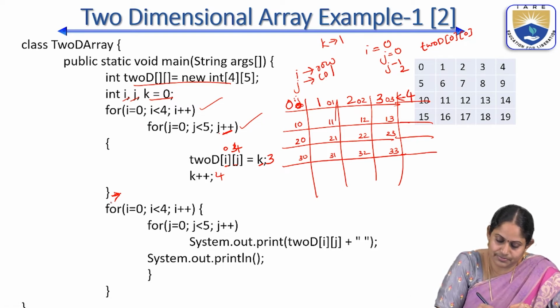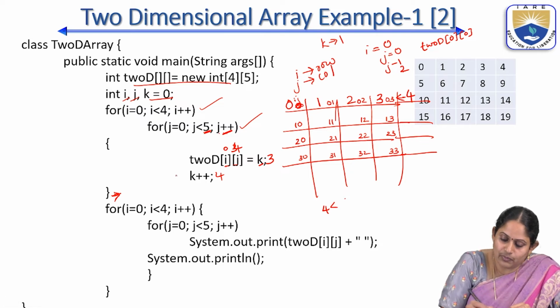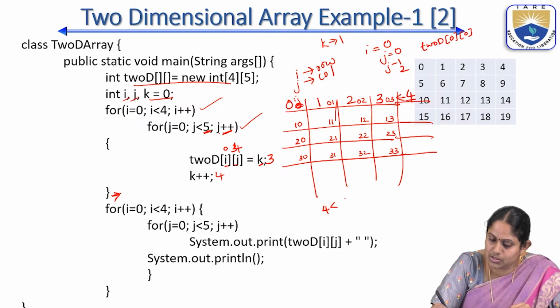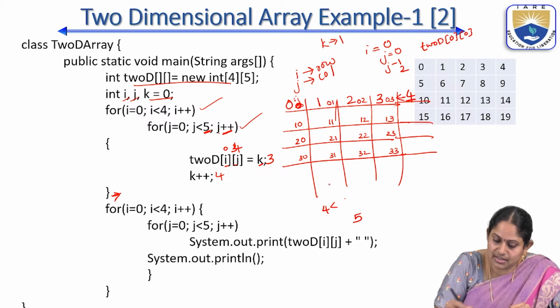Now at this point, j was 4, and our condition is for 5. Once this value is entered, j becomes 5. So the condition checking will be 5 less than 5.